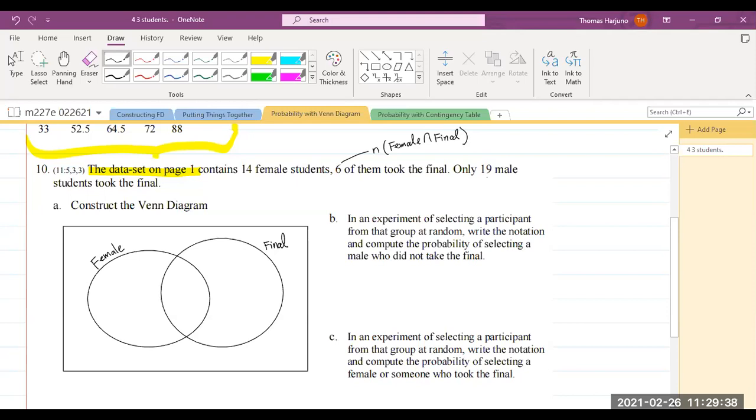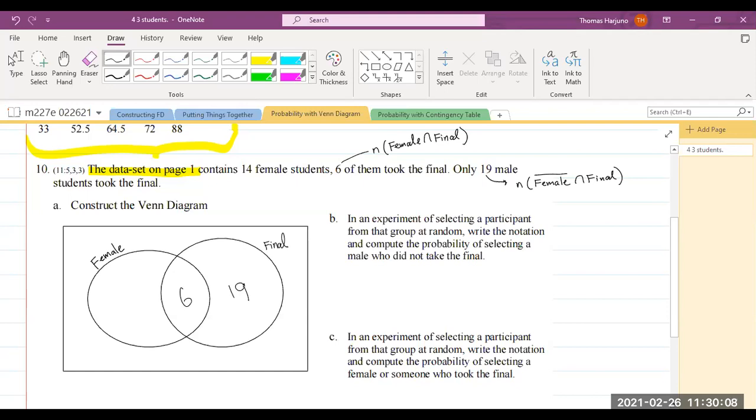This 19 here is the number of male, which I will write as not female, and taking final. Six of the female take final, so the 6 is here. Only 19 male students took final, so there are 19 outside of female and take final.